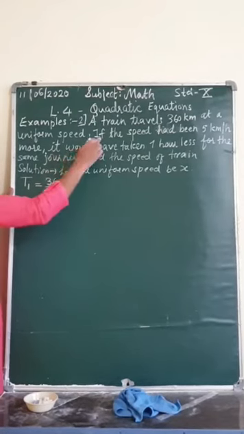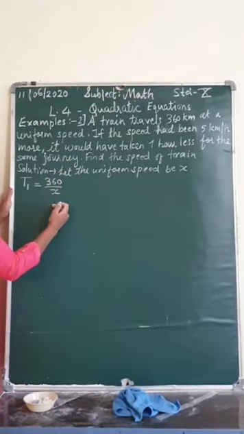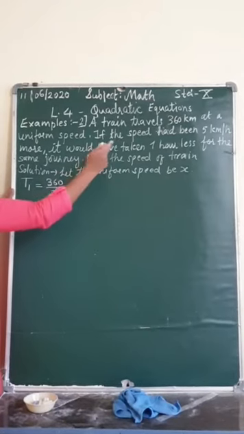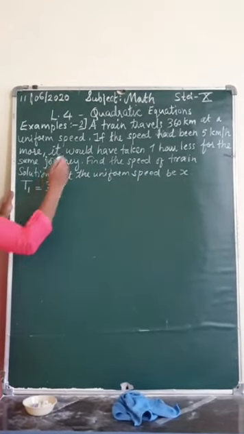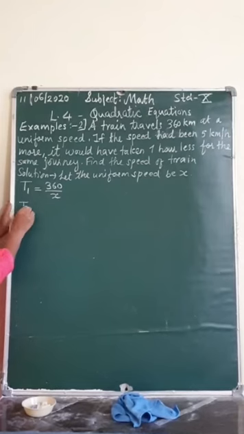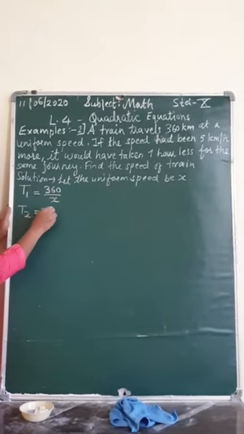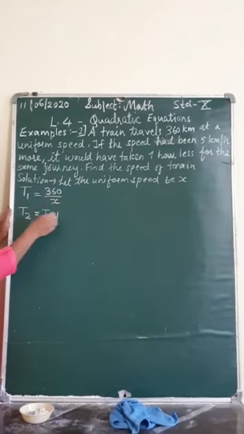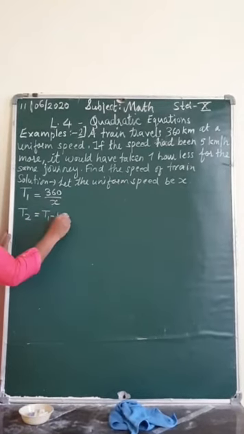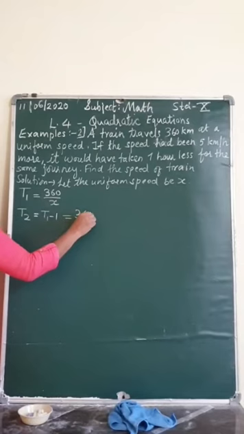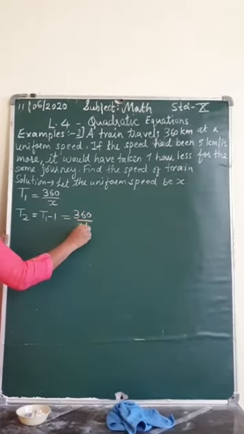Now if the speed is increased by 5 km per hour, then the time taken is 1 hour less, so it is 1 hour less than time 1. But what is the speed over here? That is x plus 5.